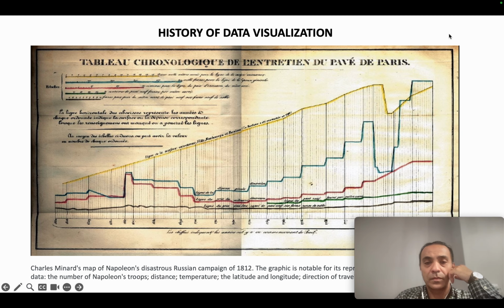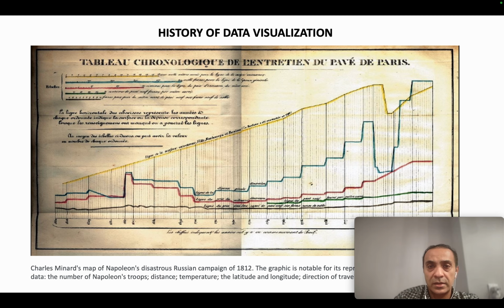You can see this type of visualization was created at that time as well. It shows you the map of Napoleon's disastrous Russian campaign, and the variables on the chart: the number of Napoleon's troops, distance, temperature, latitude and longitude, and the direction of travel.